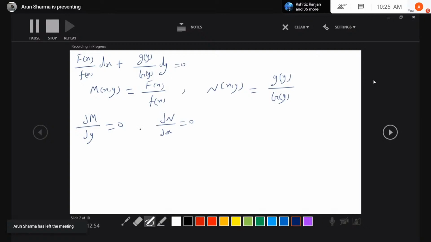So del N upon del x equals to 0. So that means they are equal. So this equation, let me call it equation 5, is exact.